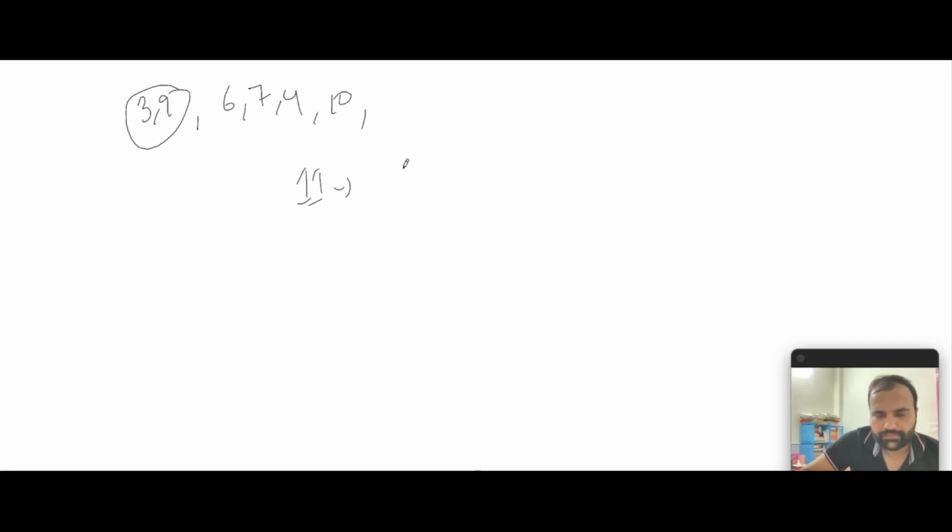So let's say there's a number A, B, C, D, E, F, G, H. So for 11, what you need to do, right from the left, you need to go left to right, and alternately add the sum and divide.